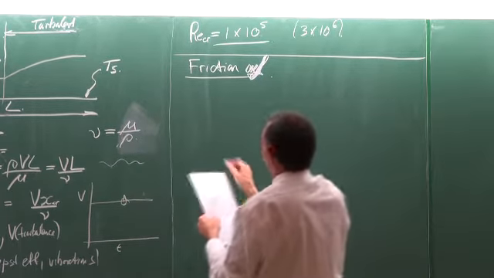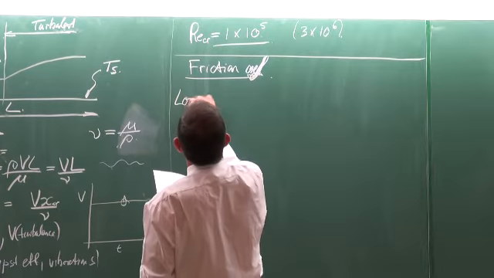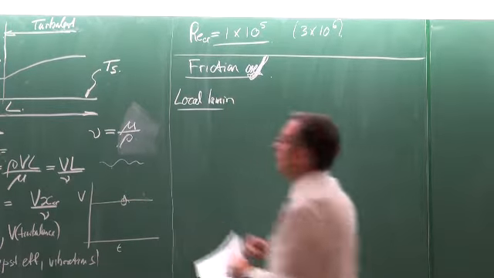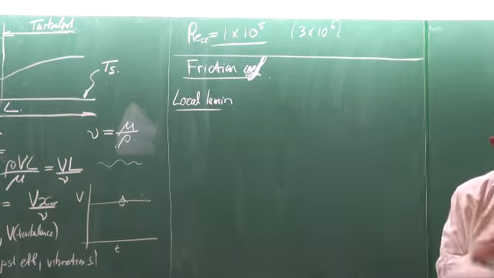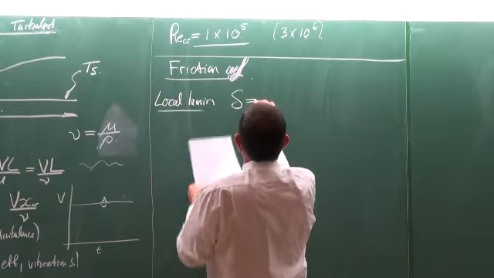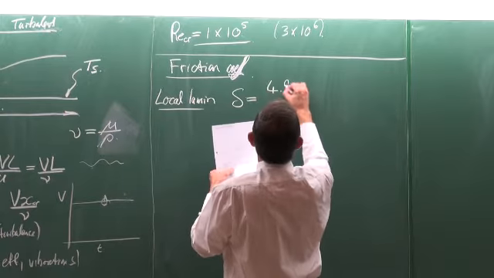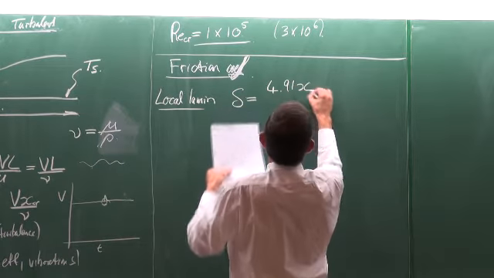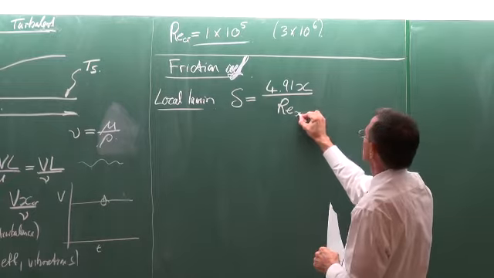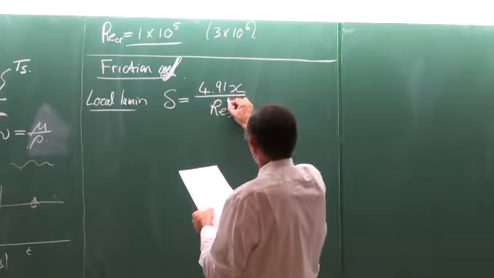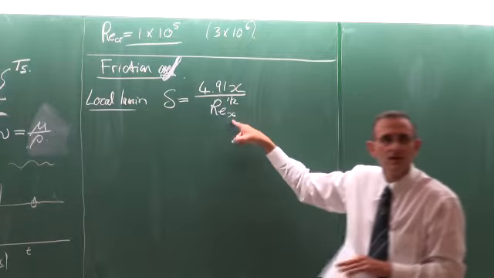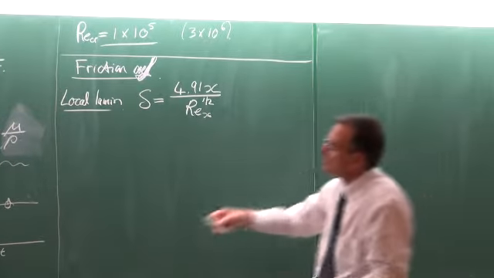Friction coefficients for local values and for laminar flow. The boundary layer thickness is equal to 4.91 multiplied by x divided by the local Reynolds number to the half. Reynolds x means the local Reynolds number.